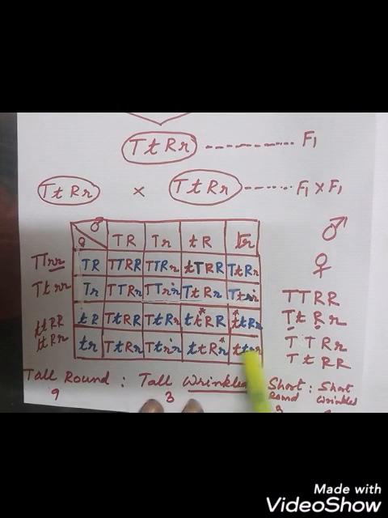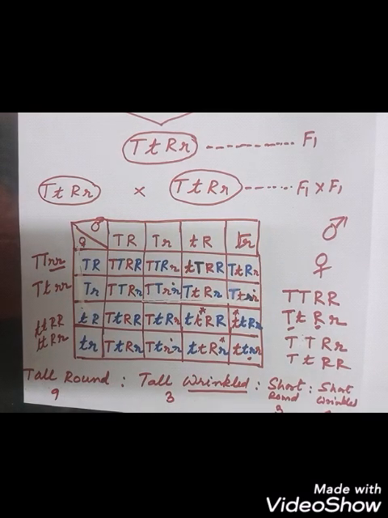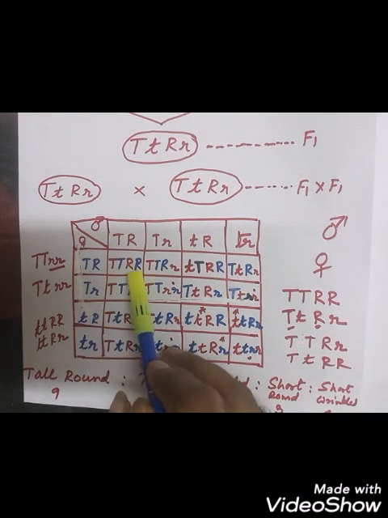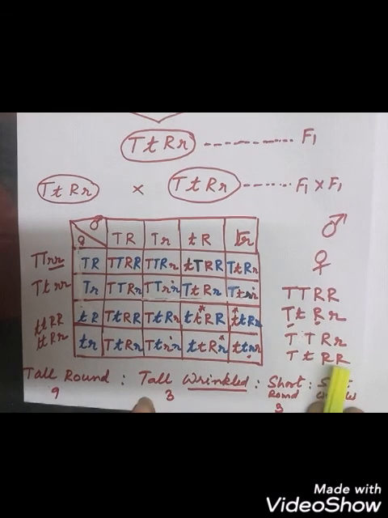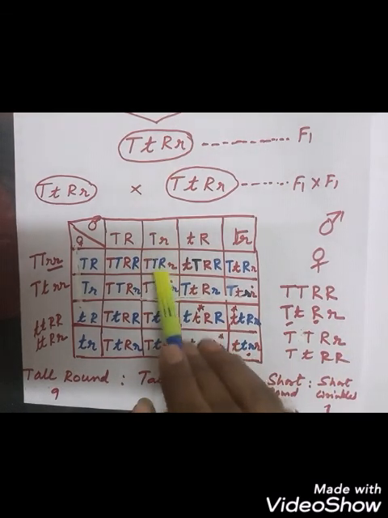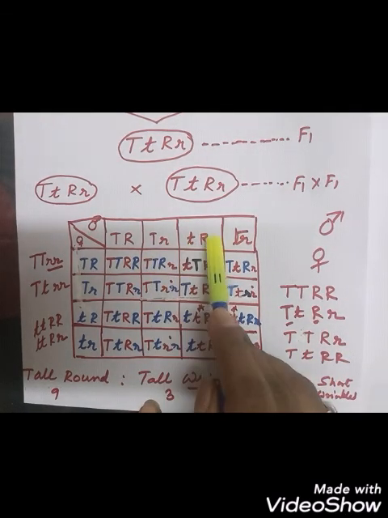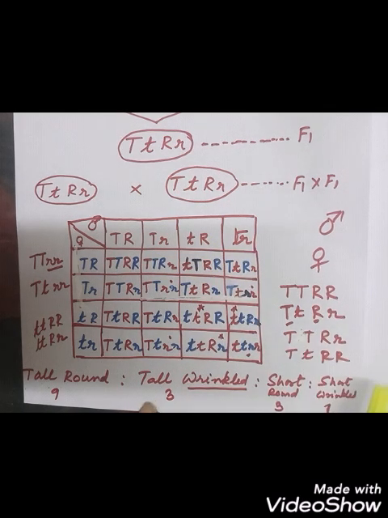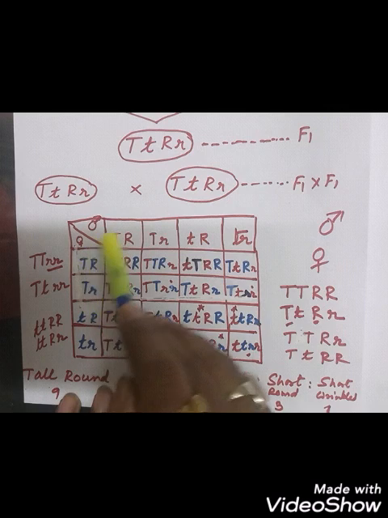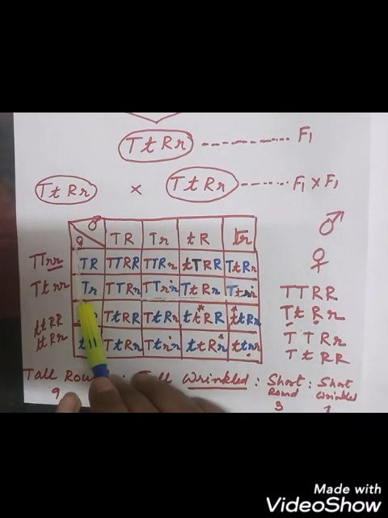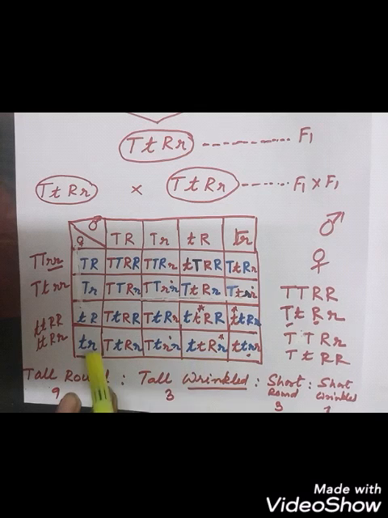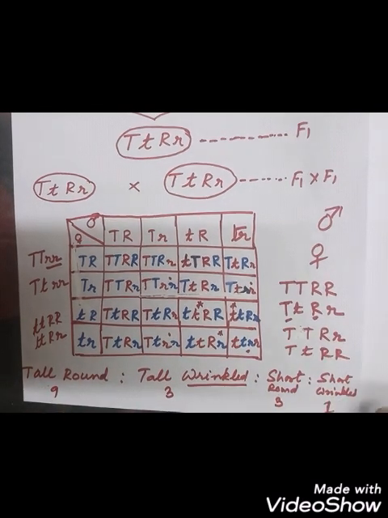Now you put this in a Punnett square and cross like this: capital T capital T, capital R capital R, capital T capital R small r, capital T small t capital R capital R, capital T small t capital R small r. This way you have to cross all of them, and you will get a total of 16 individuals in the Punnett square.